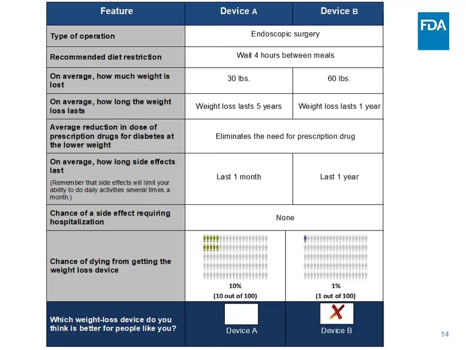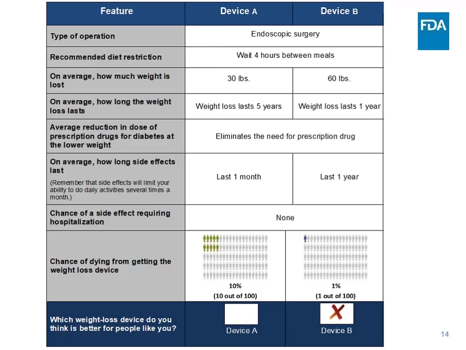After comparing these 2 devices, the respondents would be asked to make a choice: which weight loss device do you think is better for people like you? The questions are posed this way to try to remove the social stigma on obese patients, so that they can more rationally consider those choices.